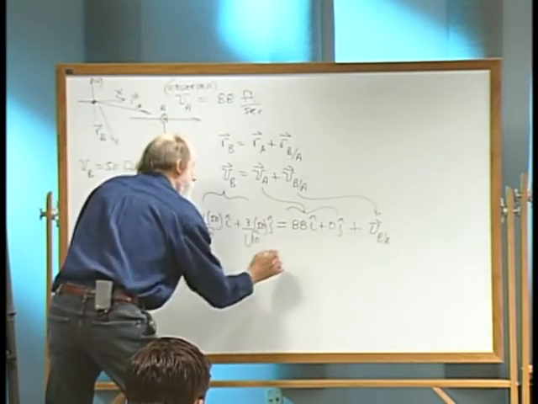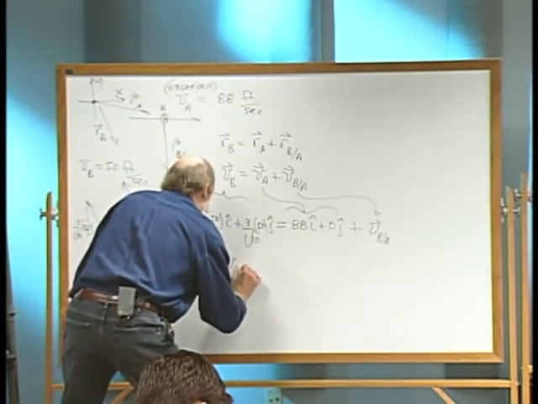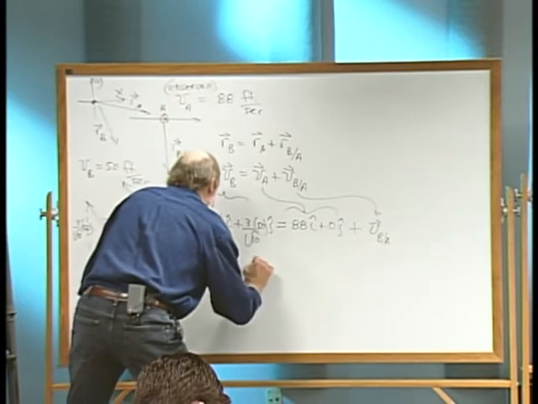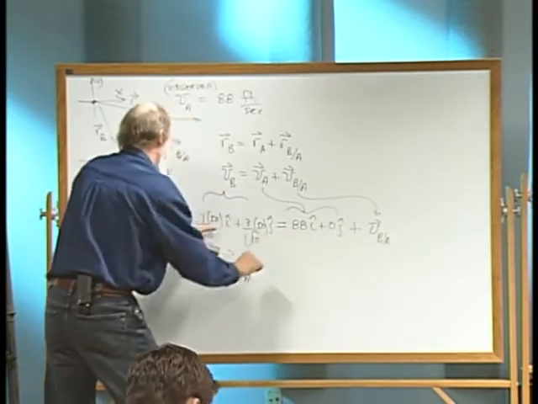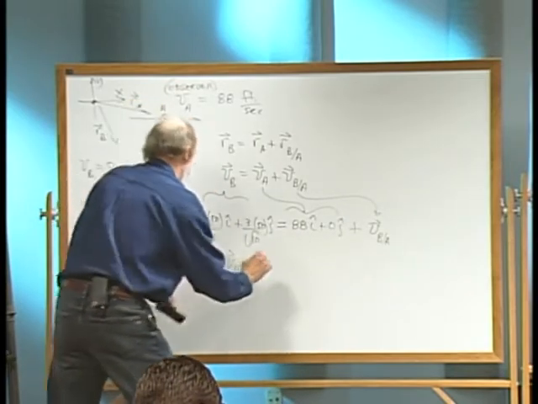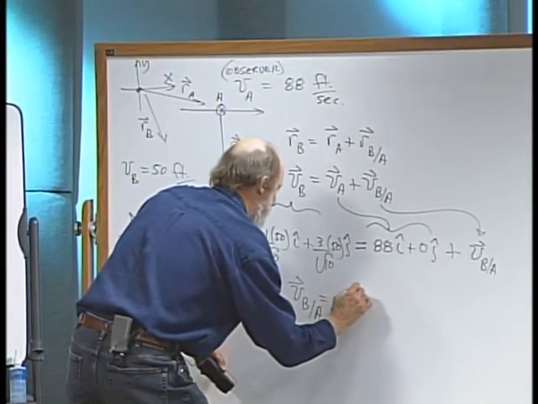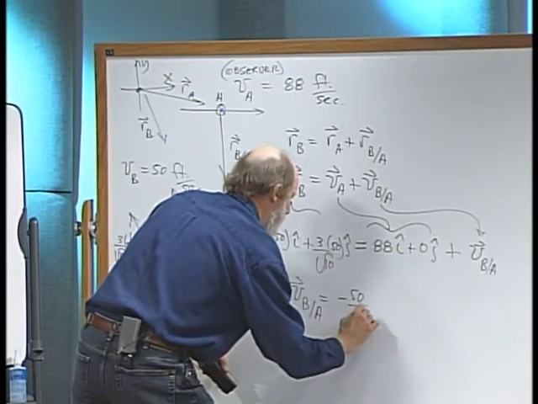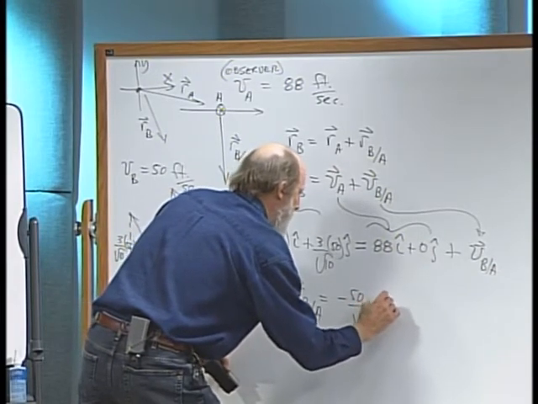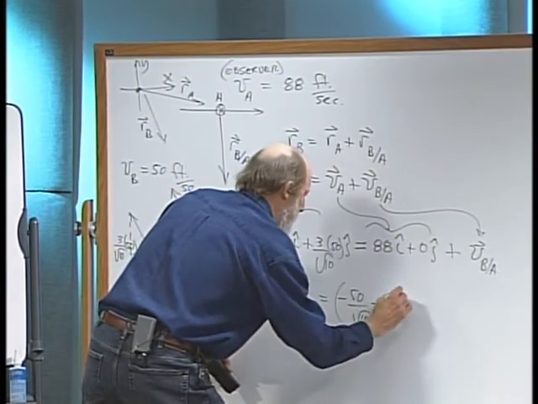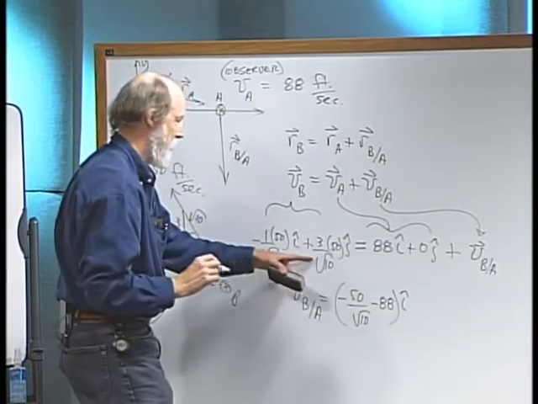So we end up with the velocity of B relative to A equal to this I component, minus 50 over radical 10 minus 88. Somebody punch that on a calculator, it'd be useful.